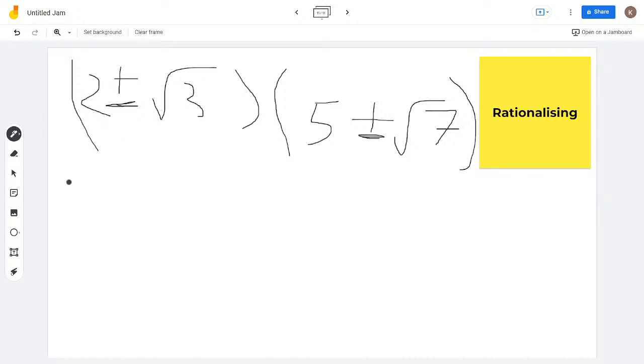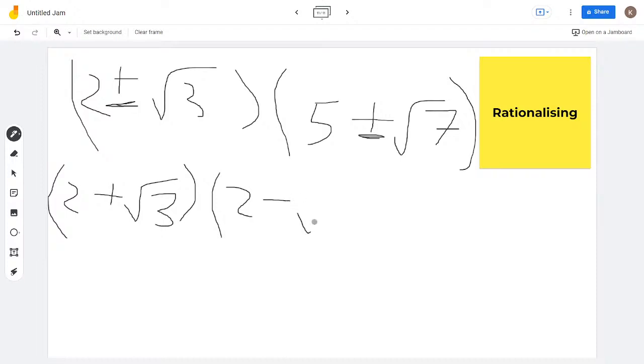Let's say to simplify 2 plus root 3, what we will be doing? It's a simple trick: if you need to simplify this 2 plus root 3, you will just multiply and divide this number by 2 minus root 3. Okay.